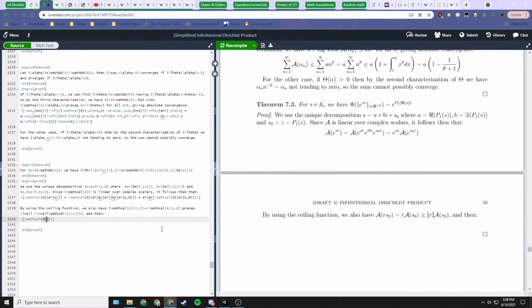So we have A of e to the power of SR, actually it should be S0R. So this is the absolute value of this sum, n equals 0 to infinity, and the coefficients are 1 over n factorial, and then S0R power n.